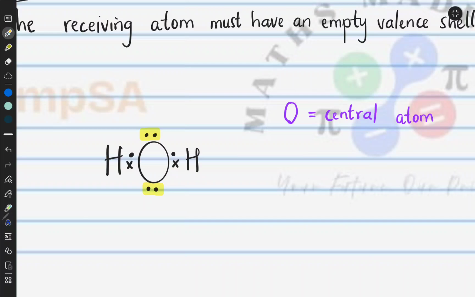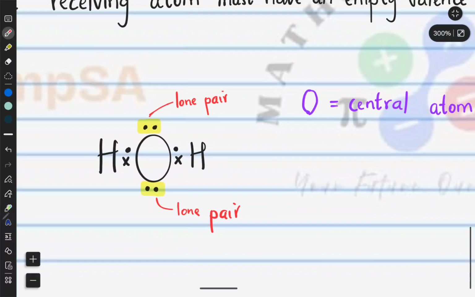I'll call this one lone pair 1, and this is another lone pair. You must understand these things. When they say lone pair, you shouldn't be lost. So those are our lone pairs, and oxygen is the central atom. There are 2 lone pairs here, and the other ones are just electrons being shared between these atoms, 3 atoms in total.